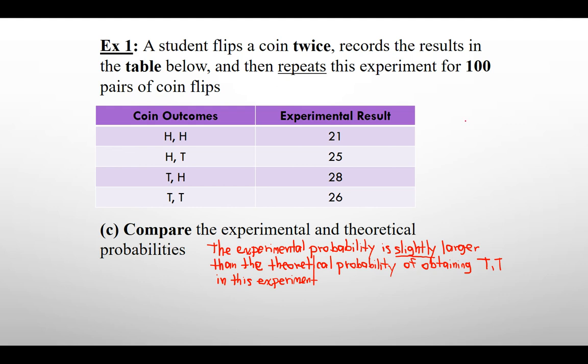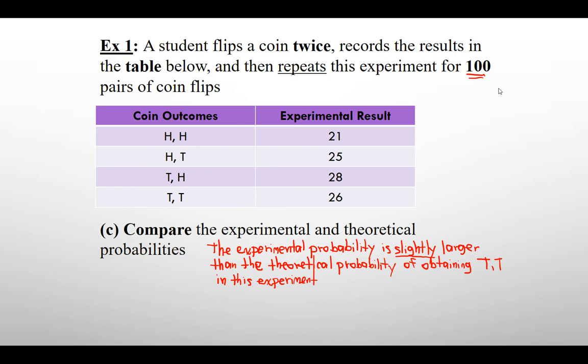Now, I should point out that as you repeat this experiment more and more, so let's say that we actually perform this experiment maybe like 10,000 times or something, you're going to start to find that the more times you repeat the experiment, the more the experimental results are going to get closer to the theoretical ones. I suppose the reasoning is that there's more trials for things to offset each other.